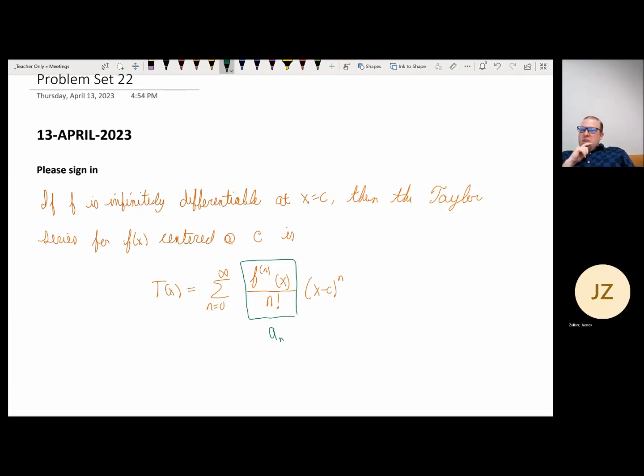In other words, the only power series representation of a function is its Taylor series. It is the finding of this a sub n that is the fun part.